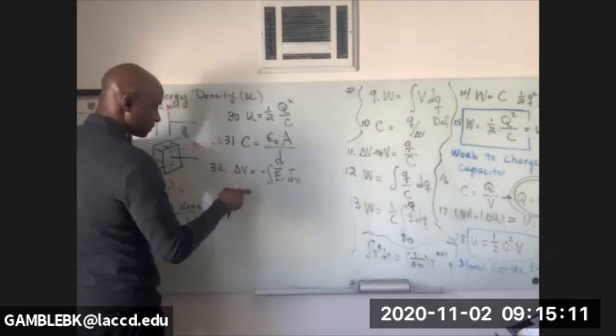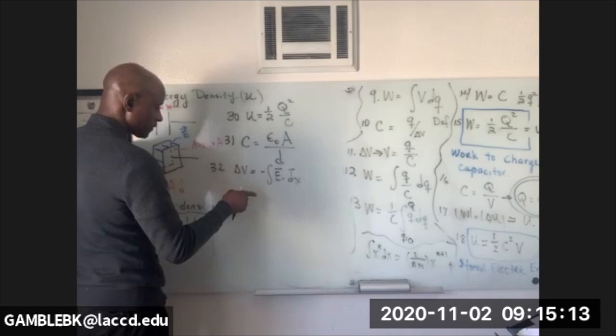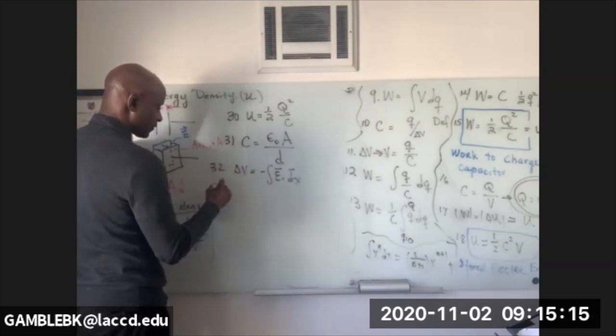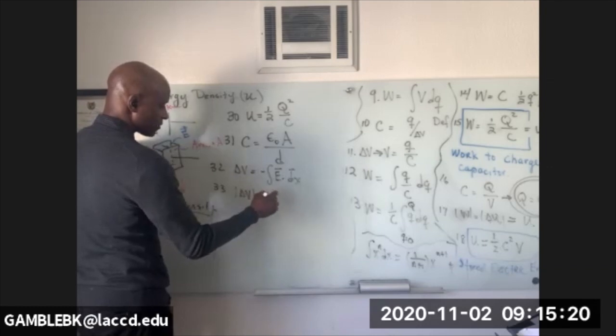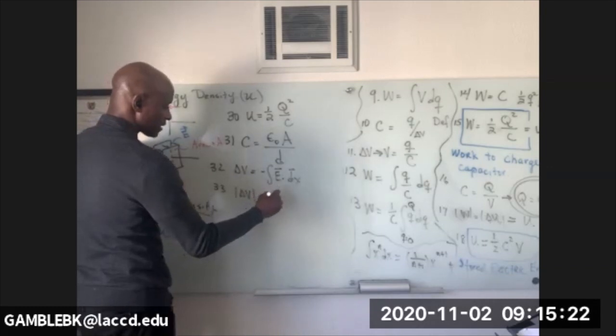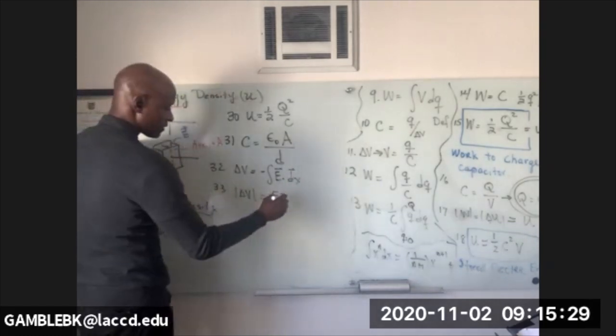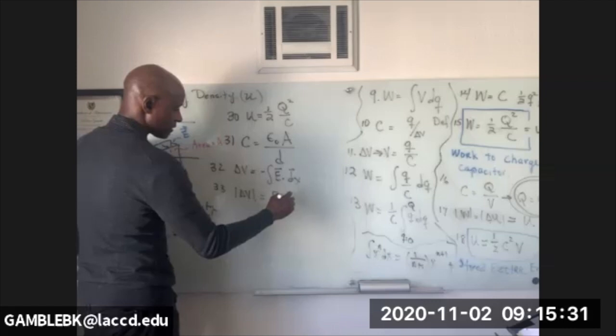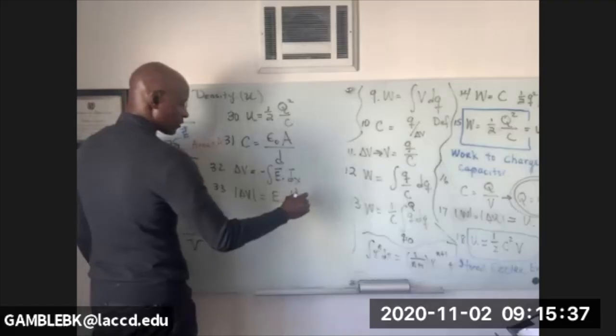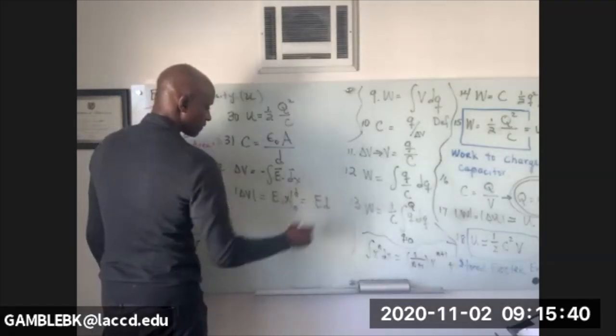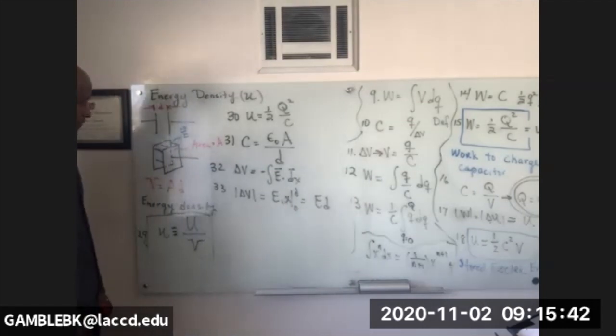In our case, we can take the absolute value of delta V and do the integration. It becomes, for a simple case, E times delta X, but delta X is D, so the integral of E dx from 0 to D is just E D. Okay.